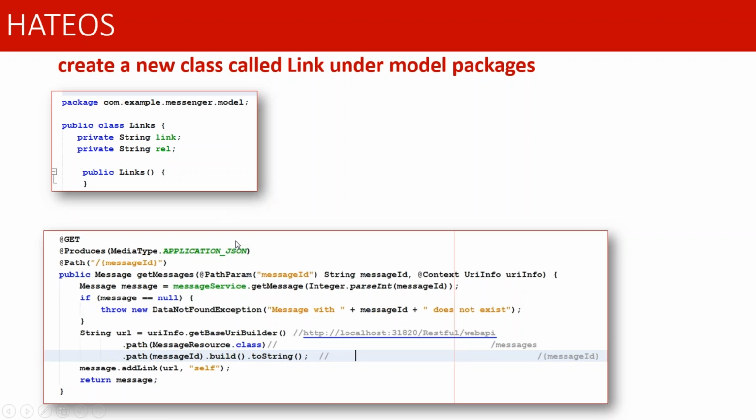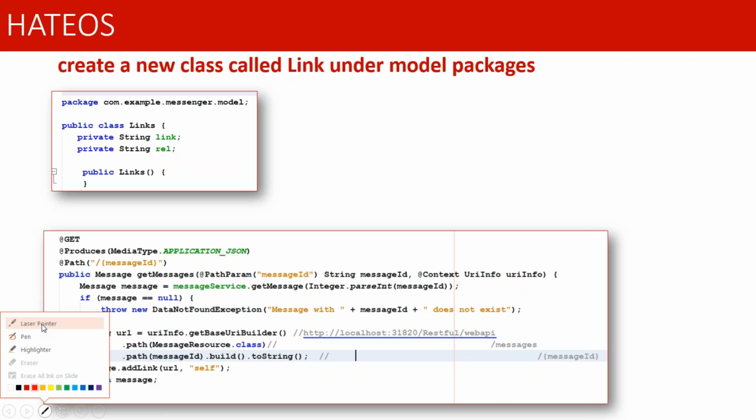In order to send the links, first you need to create a model. That is two parameters basically. One is the link itself, and the second is the purpose, whether it is for profile or whether it is for comments, etc.